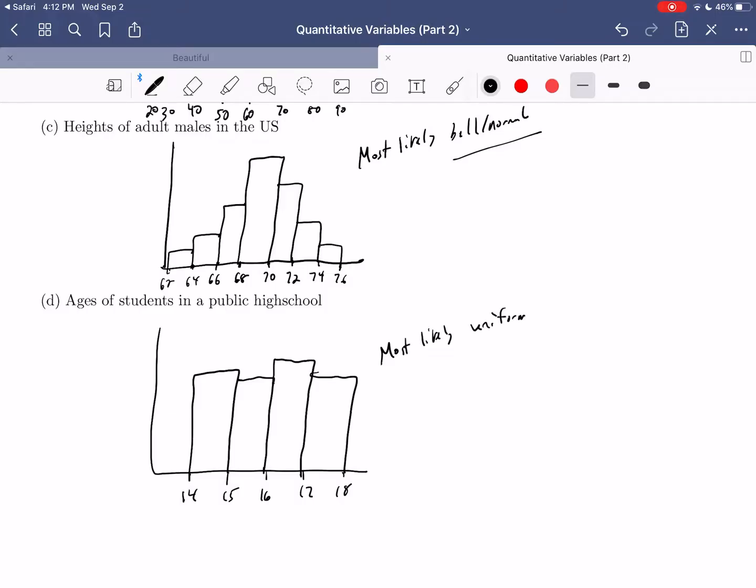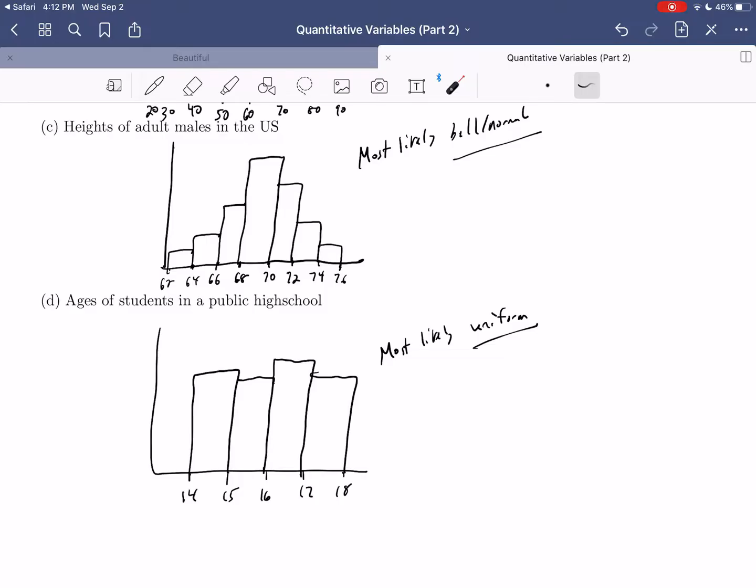uniform. Now, I hope we can see why I mentioned that uniform is pretty rare. It's only the fact that we're talking about students in a public high school, a system or structure that you enter at a certain age and leave at a certain age. And of course, we replenish the student population each year. People who were freshmen become sophomores.